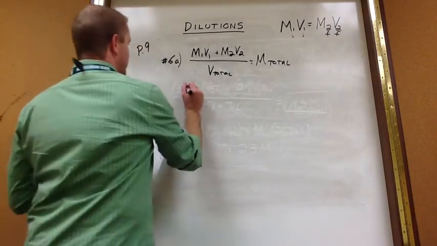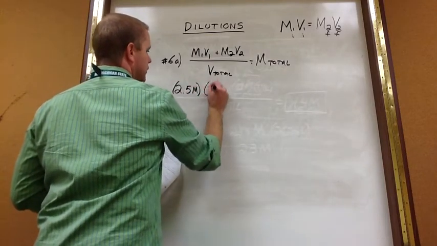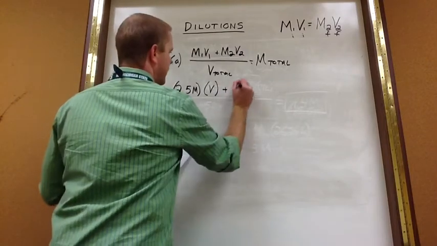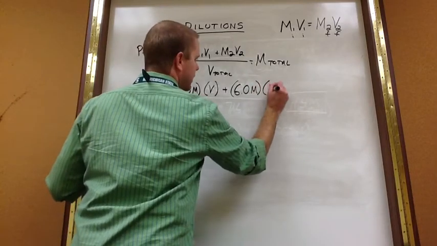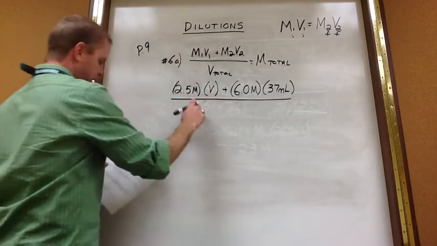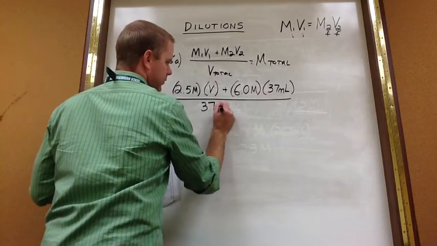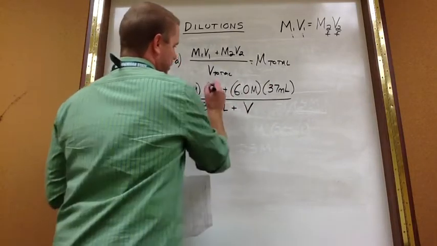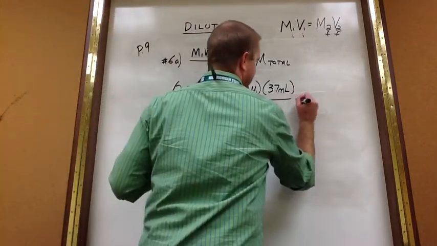So you're told it's 2.5 molar, and it wants to know what volume, so there's your V. So 2.5 V, plus 6.0 molar times 37 milliliters. Now this is going to get funky, because on the bottom here, you're also going to have 37 milliliters plus V, that volume. So this V ends up in 2 places. When we do our math, it's going to get a little tricky because of it.